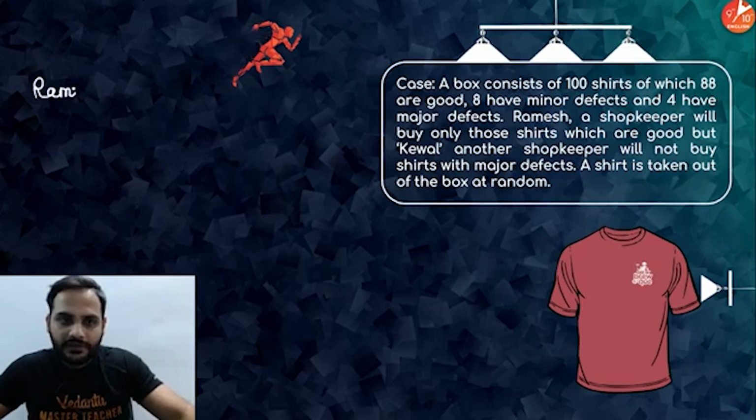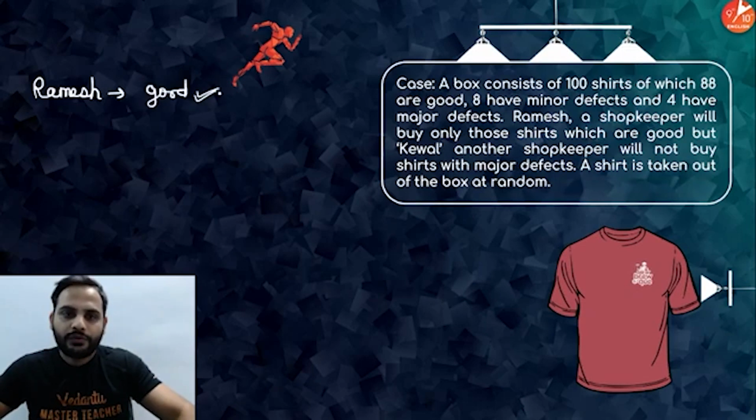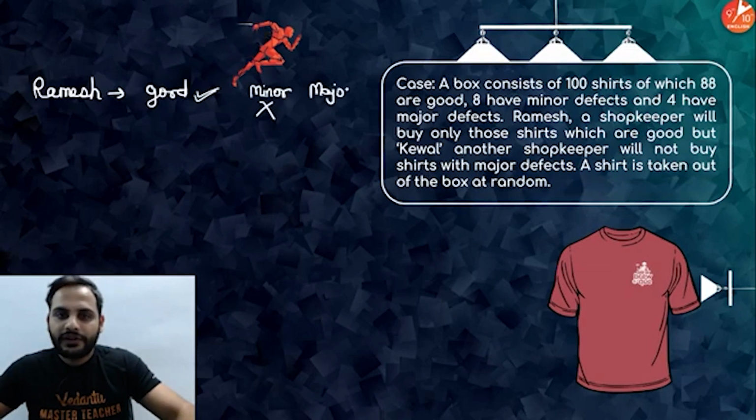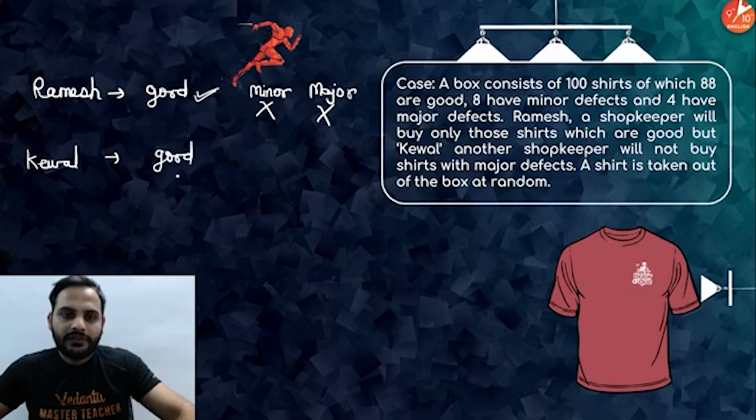Ramesh will buy shirts which are good, only good shirts. Ramesh is okay with good. Minor defects he will not take. Major defects he will not take. But the other shopkeeper Keval is okay with good shirts.